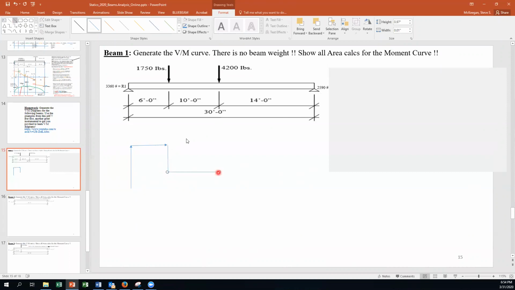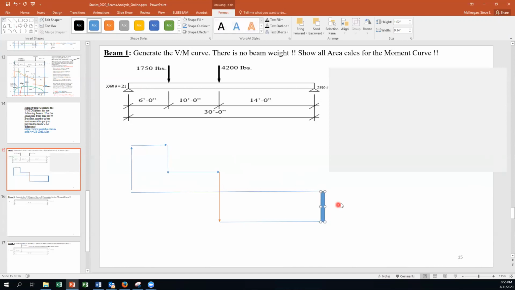Came over to here, dropped down, brought me into the negative. Here was my horizontal axis. And then brought it back up to 0.